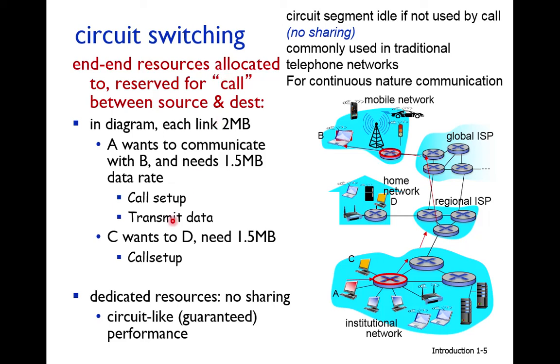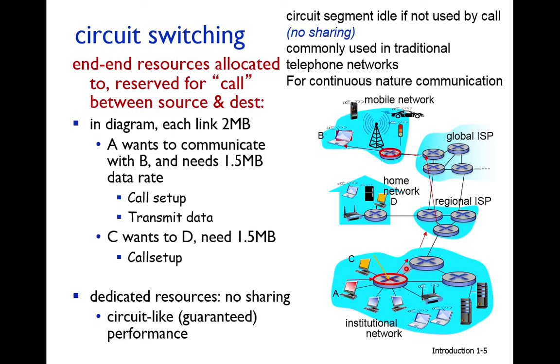Let's see how it works. For example, this is the C node, the yellow one, and this is the D node. The host C sends the call or request to the router. You can see that this link is 2 MB, but 1.5 MB is reserved for A to B communication.